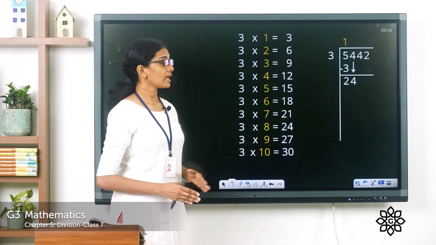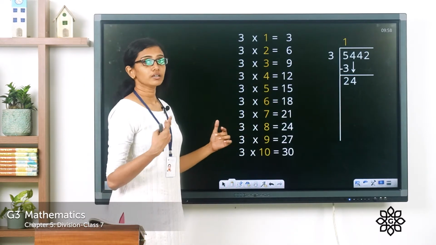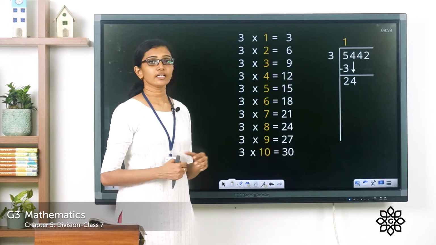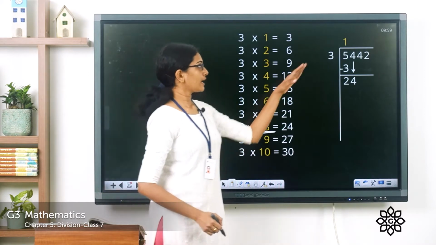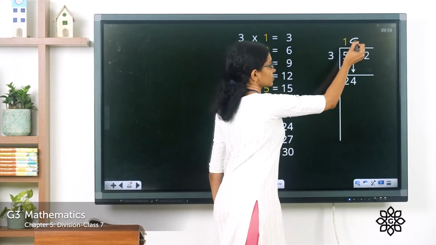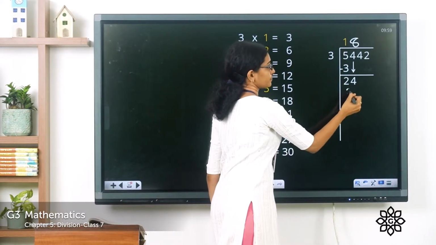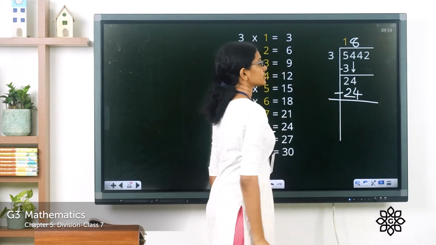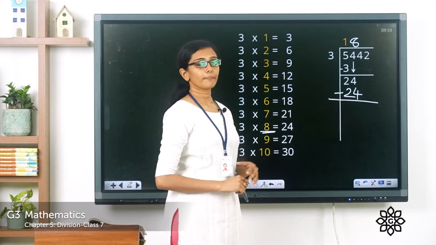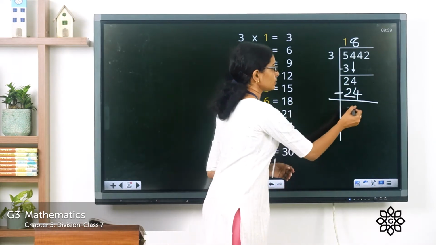Like that we go on, and from the table we understand 3 8's are 24. So let's take this 8 from here and write it over here. So 3 8's are 24. So let's write it here. Now let's subtract the numbers and we get 24 minus 24 is equal to 0.